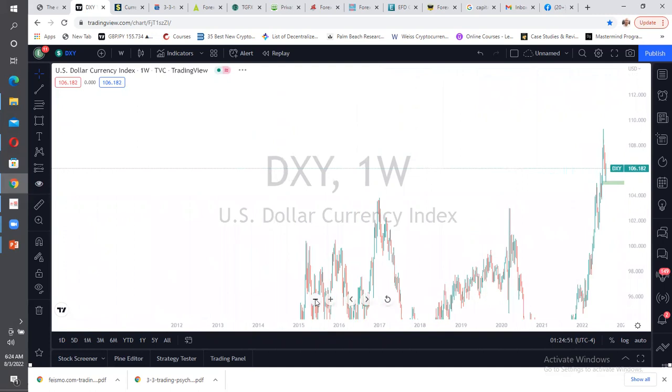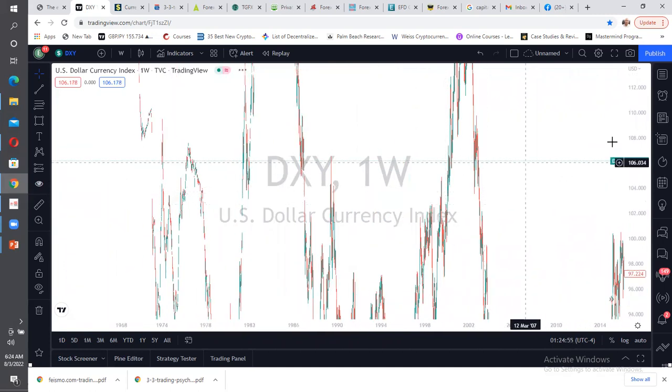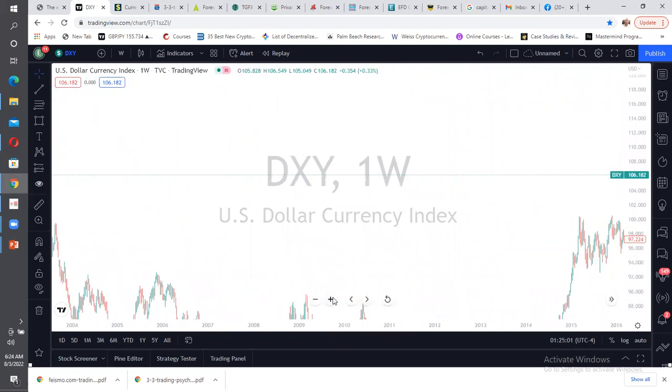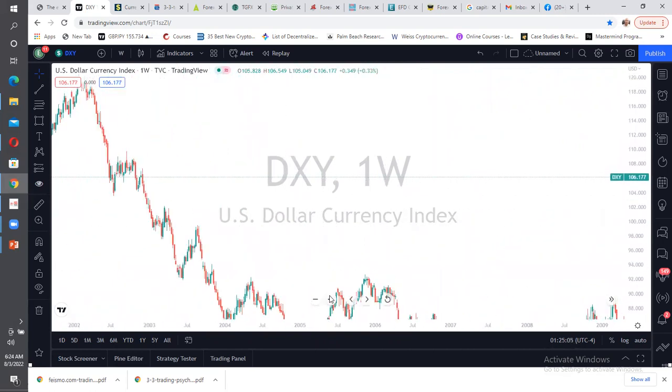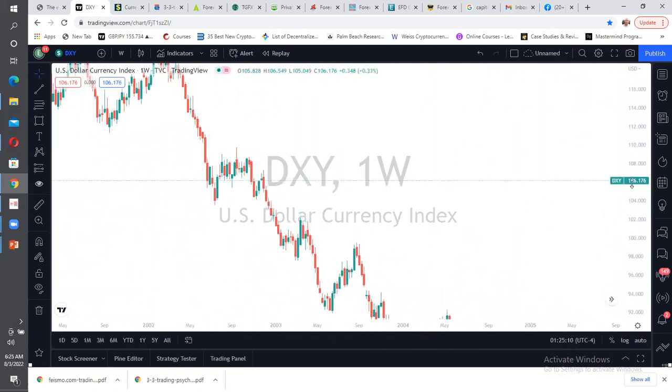Let's check something here. This time frame here is the same weekly time frame. It was already analyzed. If there's a need, we'll go back to it and see what's really happening.